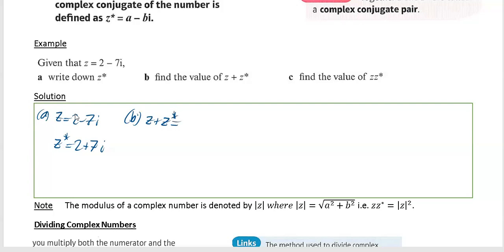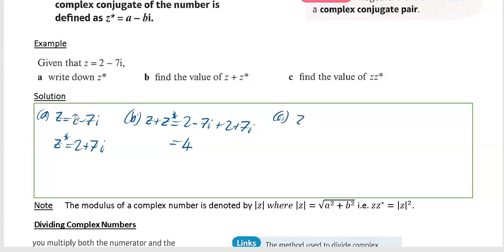If you just do that out, that's 2 minus 7i plus 2 plus 7i. If you add those, the imaginary bits cancel out and you just get 4. So it's completely real. A complex number plus its complex conjugate just gives you a completely real number.